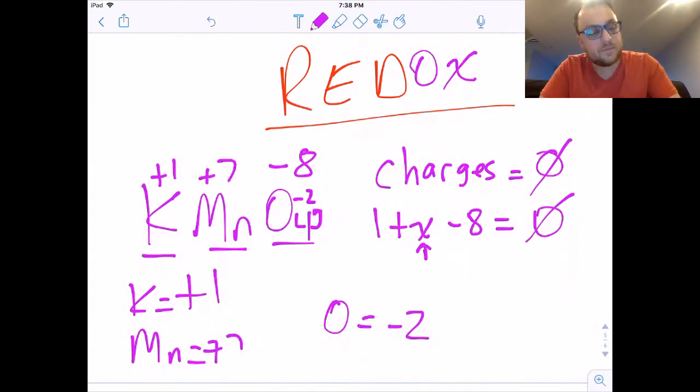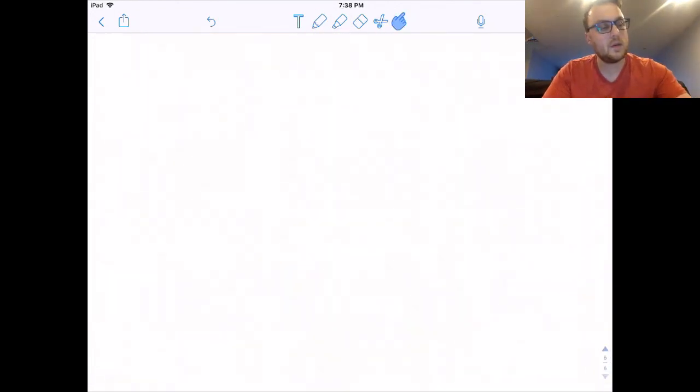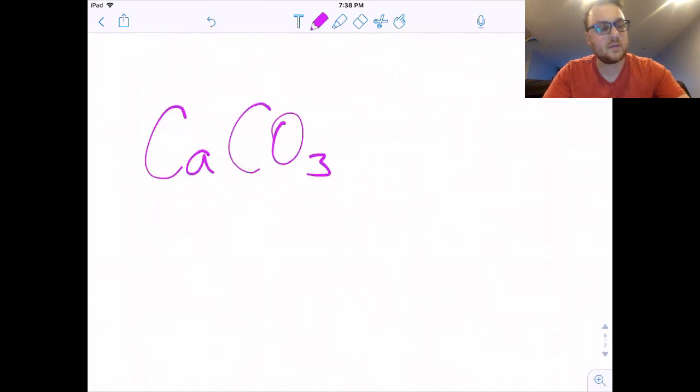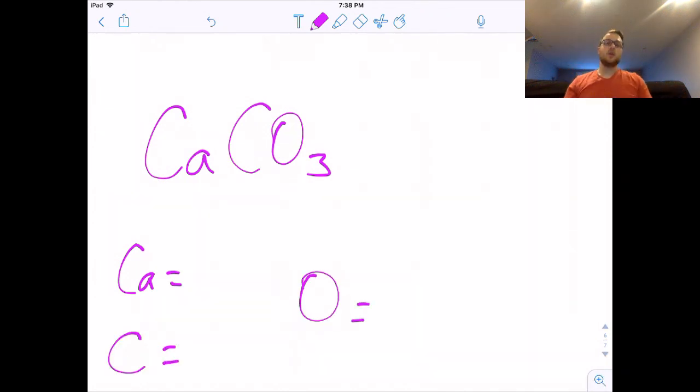Let's do another one. Let's do calcium carbonate, CaCO3. Okay, so you would check the periodic table in this instance. I know calcium's a group 2 element, so that's always +2. We just did oxygen. That's always -2. So my calcium is +2.